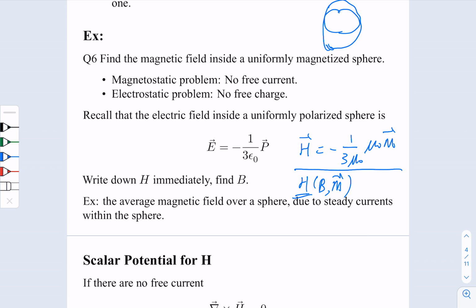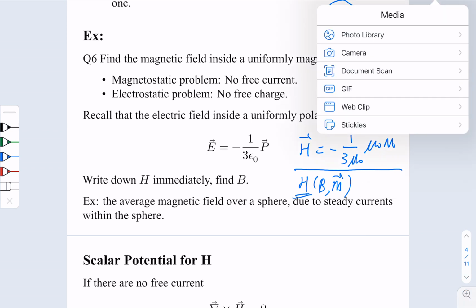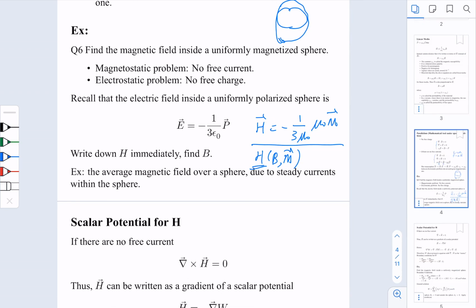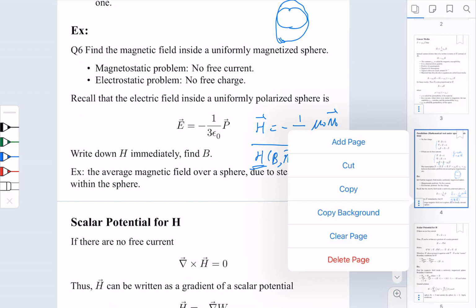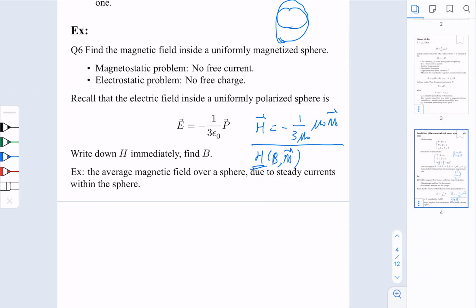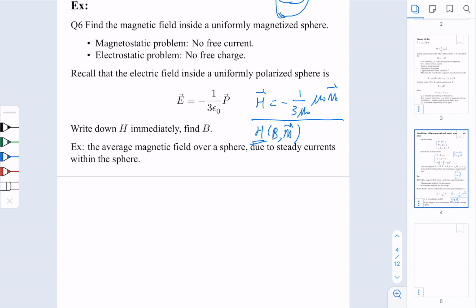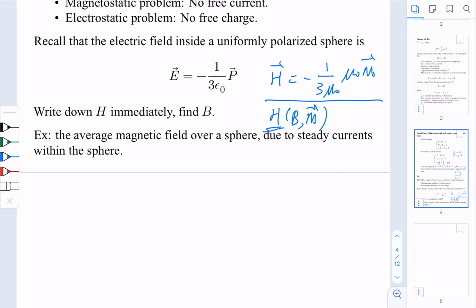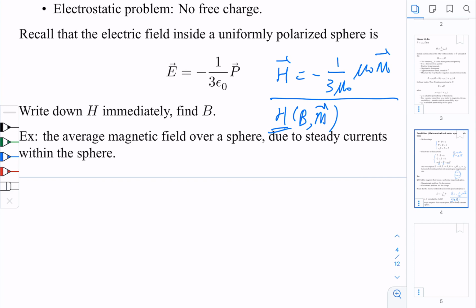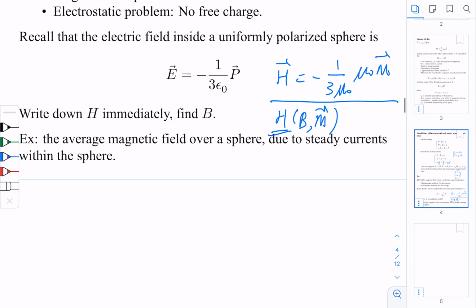Okay, so the next exercise that I want to discuss is finding out the magnetic field over a sphere due to the steady current within that sphere.